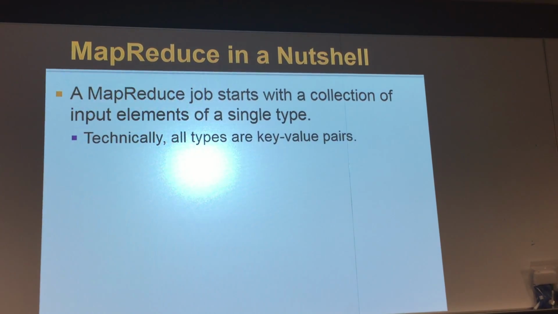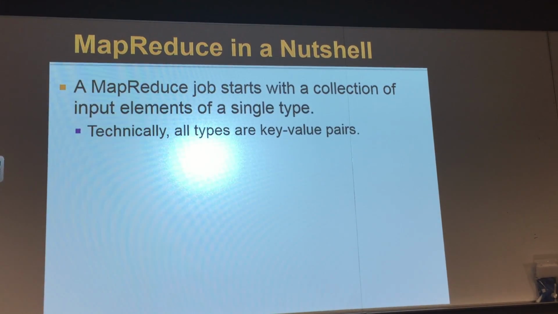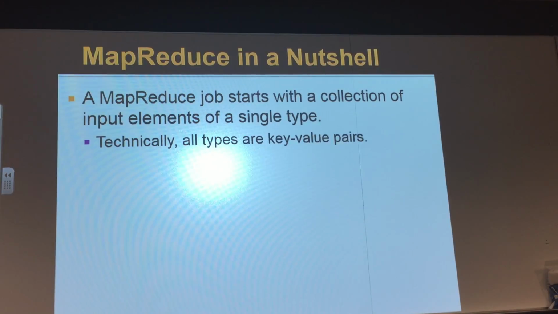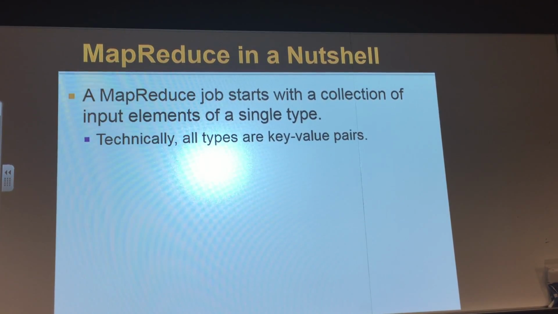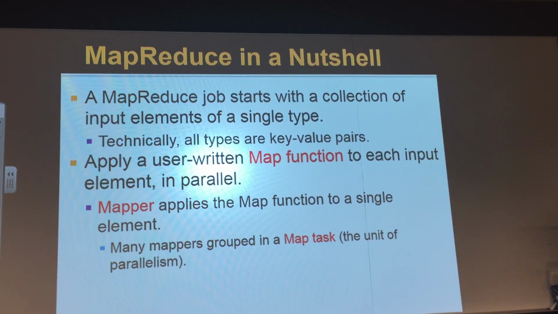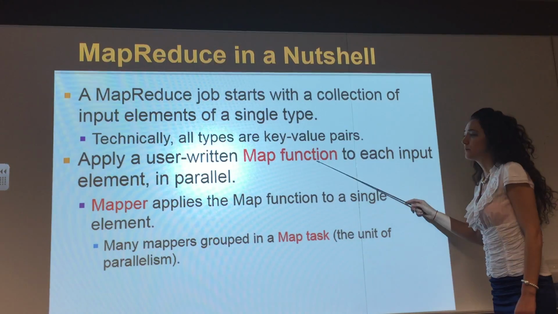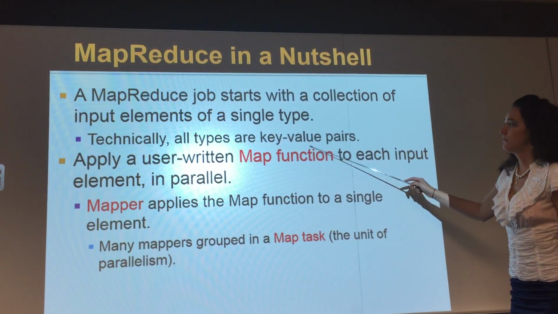The MapReduce job starts with a collection of input elements of a single type. Usually these are key value pairs. We will apply a map function to the key value pair.